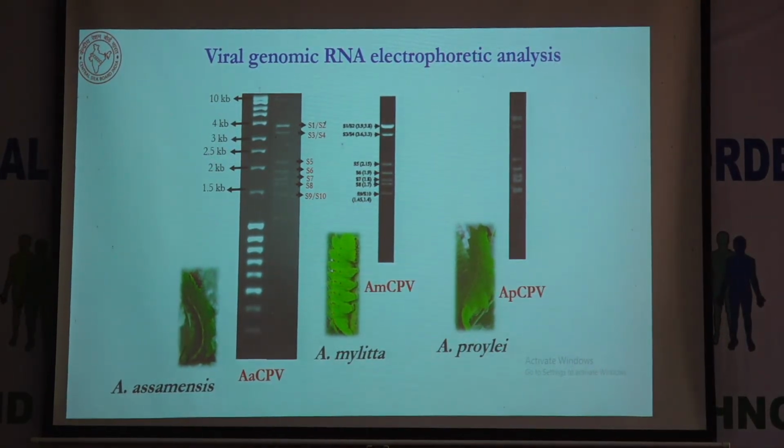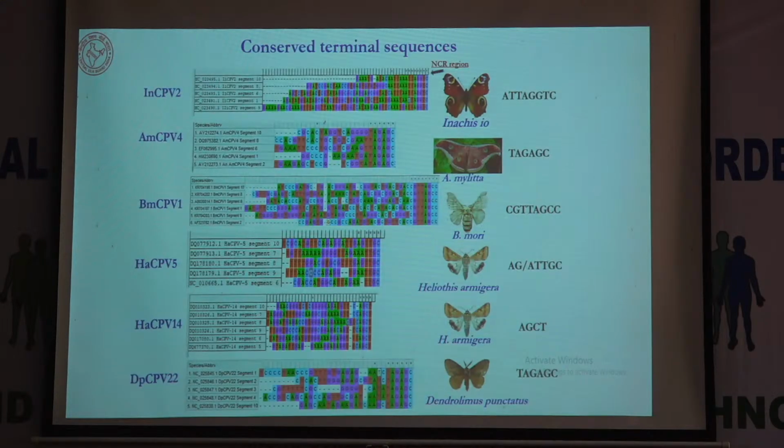The virus infecting the Muga silkworm and the virus infecting other wild silkworms such as mylitta and proylei is the same. They all have the same genetic pattern, right? So go ahead. And now you came to know all the viruses are the same. Based on the RNA banding pattern, we came to know this virus is cypovirus 4.